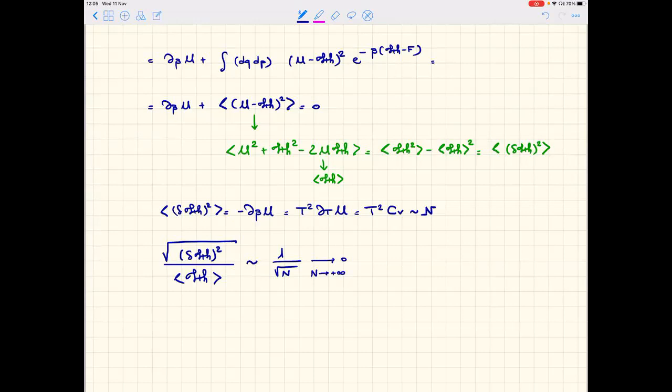Therefore, in the thermodynamic limit, the fluctuations of the energy are essentially irrelevant as compared to the average.